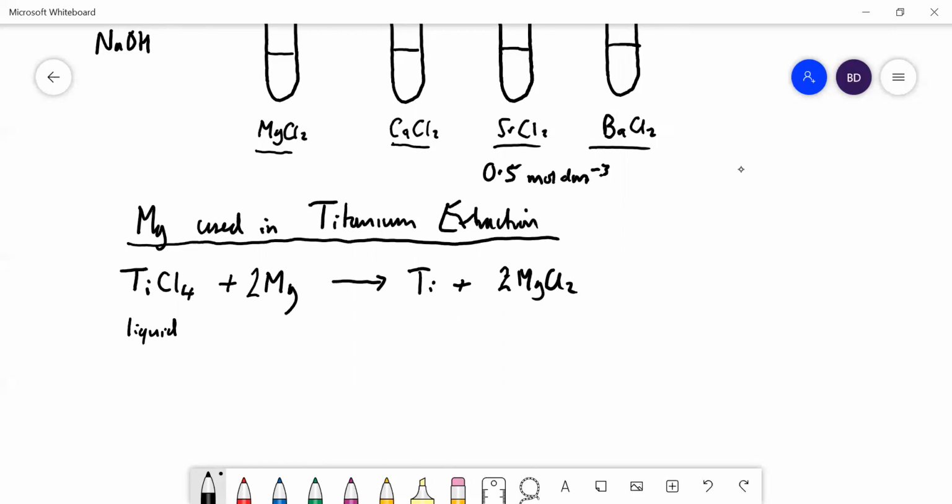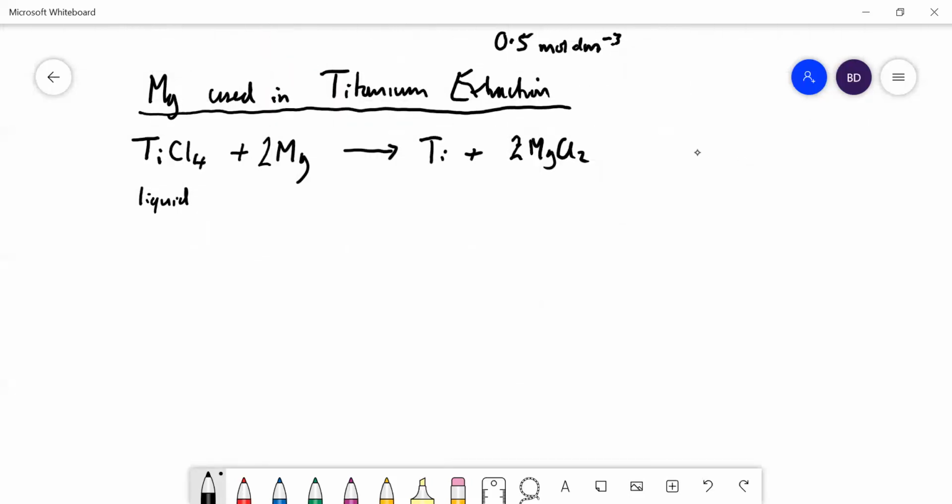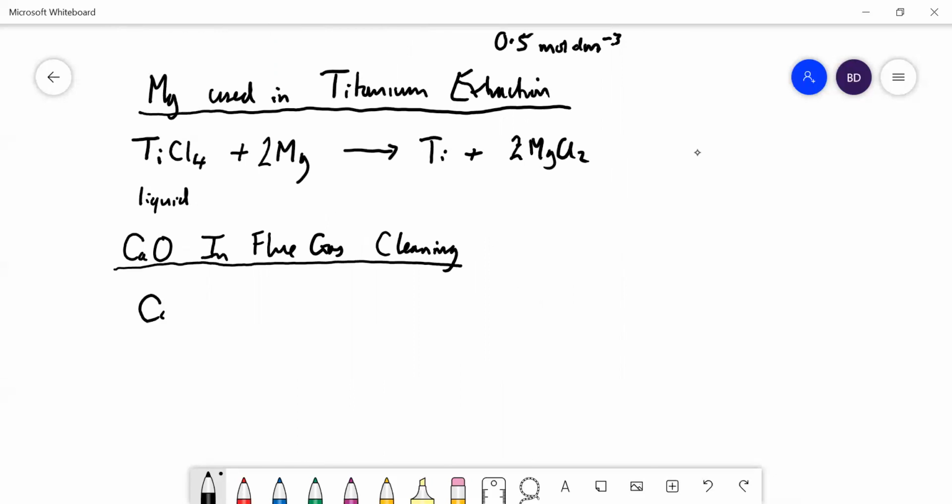The other throwaway line in the specification is the use of calcium oxide in flue gas cleaning. Calcium oxide, which you get from limestone, is used in a power station.